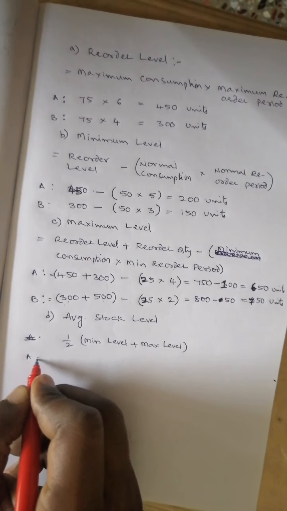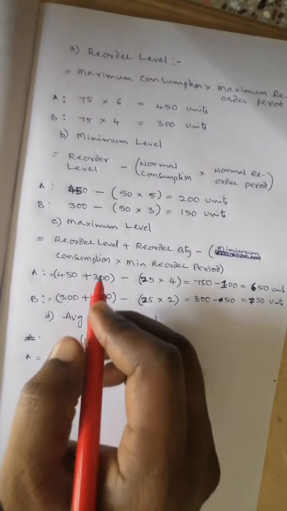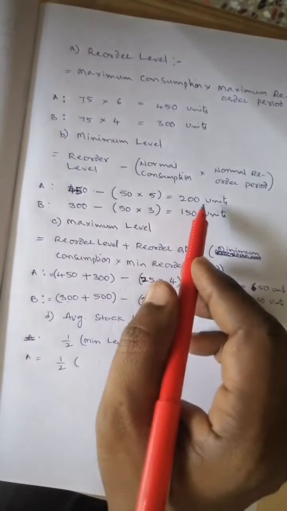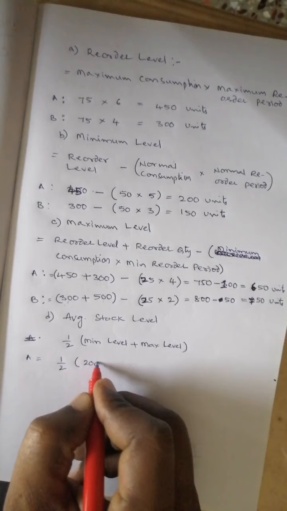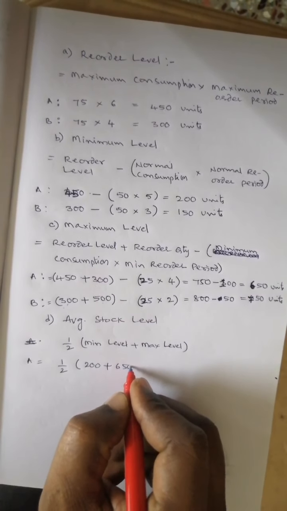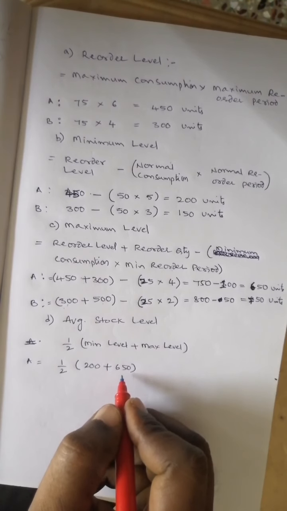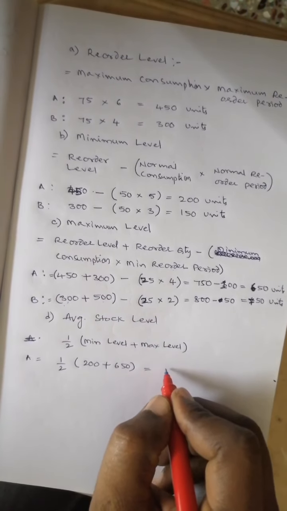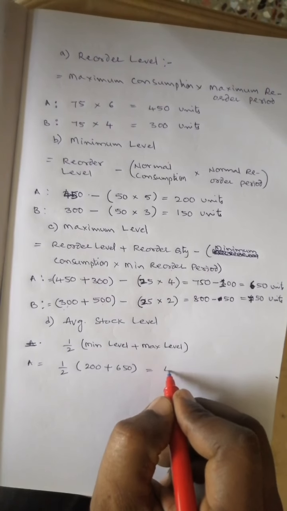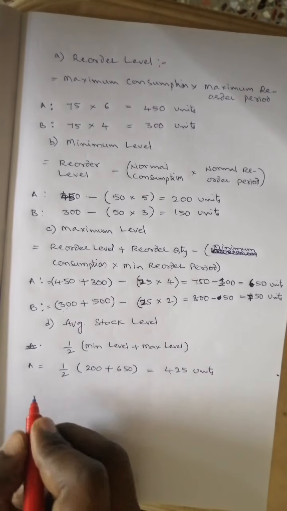So for A product, 1 by 2 of minimum level of A product 200 plus maximum level of A product 650. So 200 units plus 650 units, 850 by 2 means 425 units.